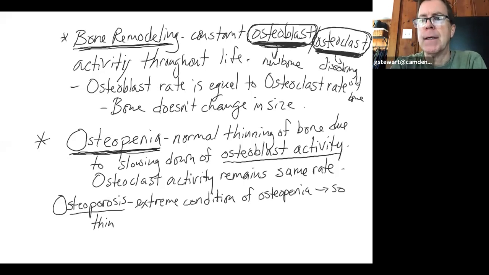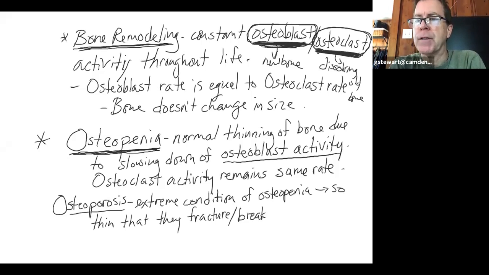What that means is that they crack and break, that they can fracture. The structural integrity is compromised so much that we're in danger of fractures and breaks. That's what osteoporosis refers to.